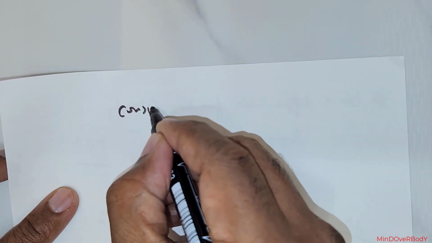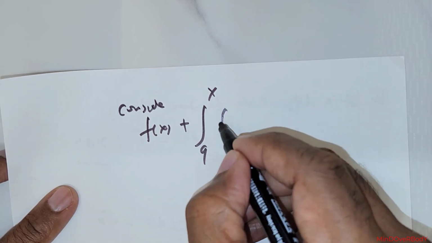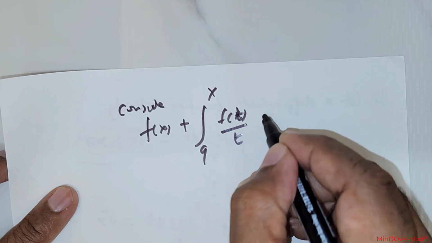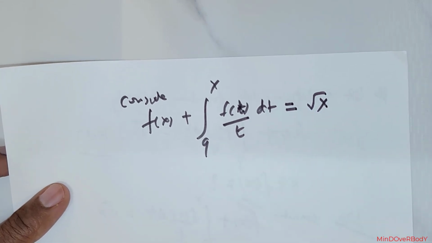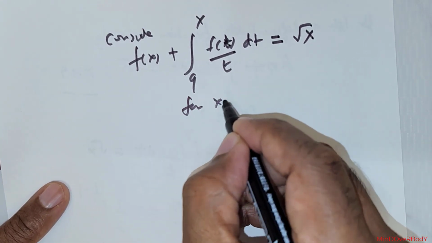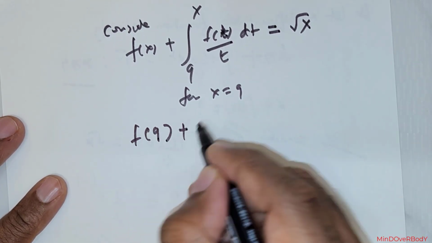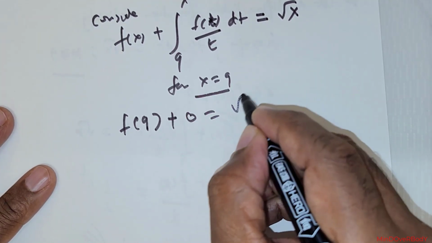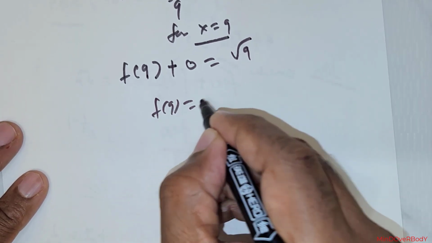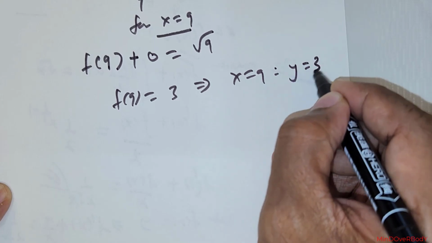So what I will do is I will consider f of x plus integral 9 to x f of t divided by t dt is equal to root of x. Now for x is equal to 9, you find the functional value. So f of 9, this will be equal to 0 because we are setting x is equal to 9. So it's equal to root of 9, which means f of 9 is equal to 3. So when x is equal to 9, the y value is equal to 3.